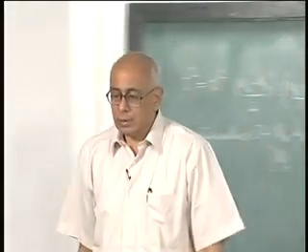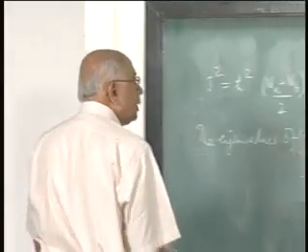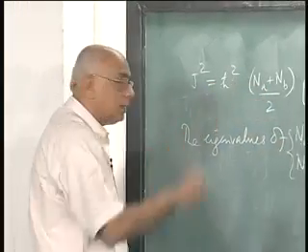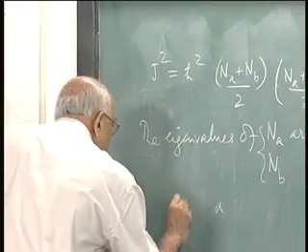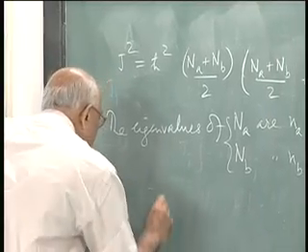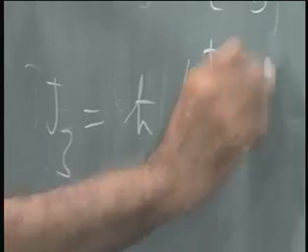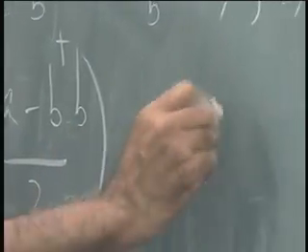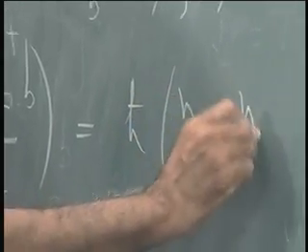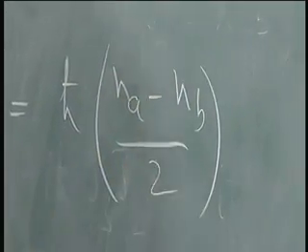Now the question is, alright, I have another operator along with J squared which must commute with it, any component commutes with it. What are its eigenvalues? What would be the answer? Well, in our representation it is clear, I already chose 3 as the quantization axis, and that operator, if you recall, J3 was equal to ħ times (A dagger A minus B dagger B)/2, but this is equal to ħ times (nA minus nB)/2 in terms of eigenvalues.